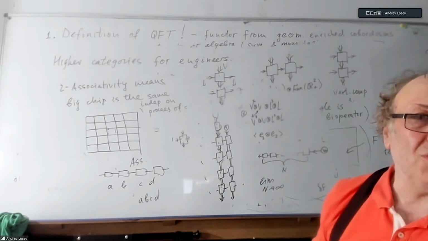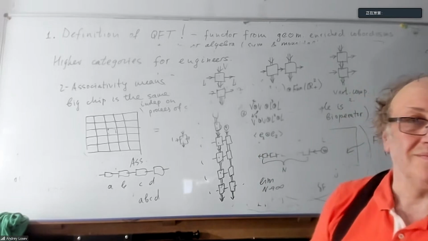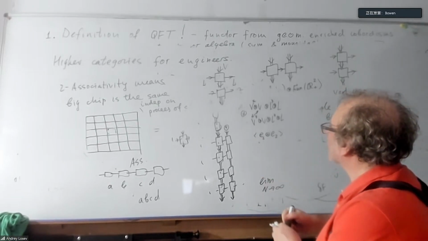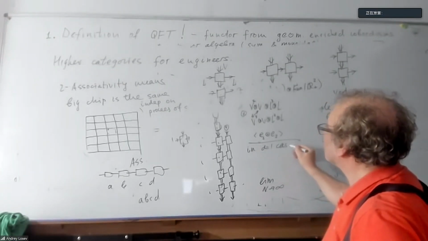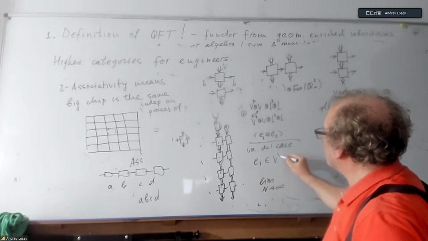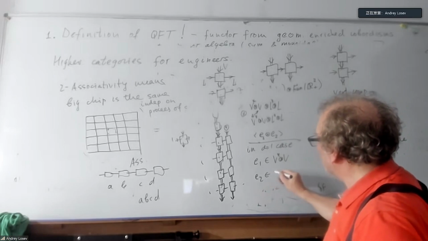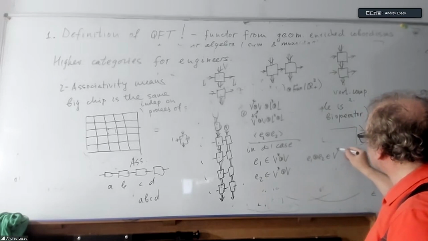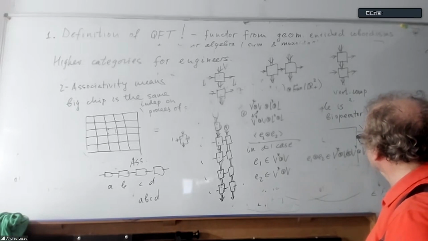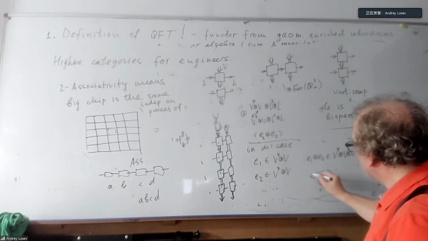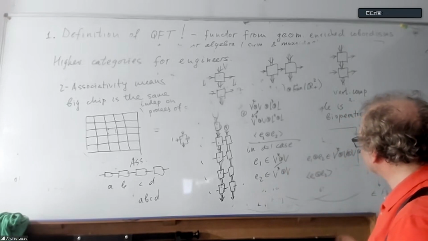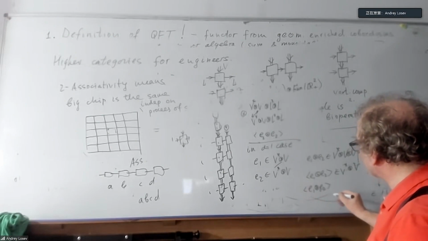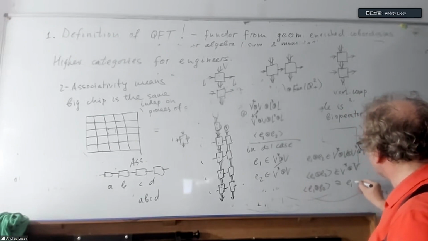So in linear algebra, we know what it means. In the D equals 1 case, E1 belongs to V star times V, E2 belongs to V star times V. E1 tensor E2 belongs to V star times V times V star times V. Now, the partial contraction of E1 and E2 belongs to V star times V. So the partial contraction of E1 and E2 is exactly the same as E1 times E2.